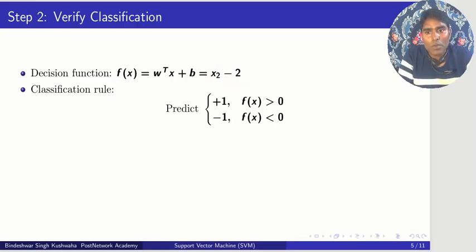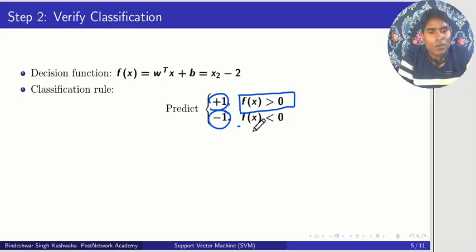Here what is the rule? If f(x) is greater than 0, the class would be +1. When f(x) is less than 0, the class would be -1.